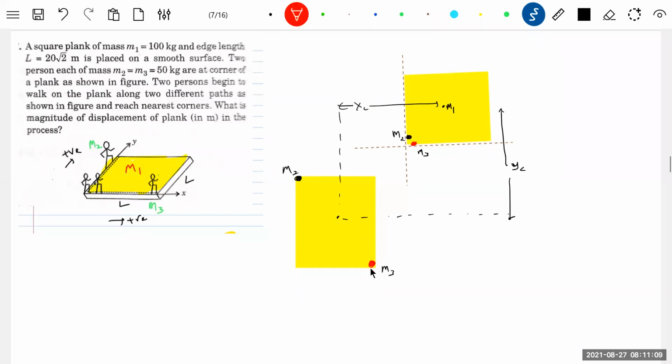Now, directly how to calculate xc. I don't need to write the equation. We have already discussed a good number of numericals on this. How to calculate the displacement of the center of mass.